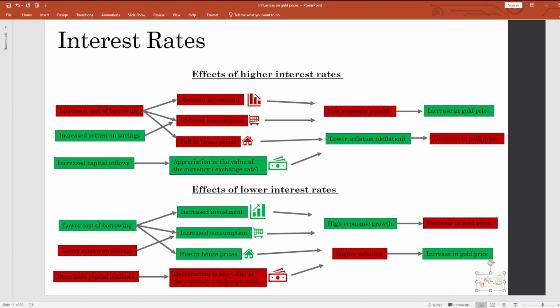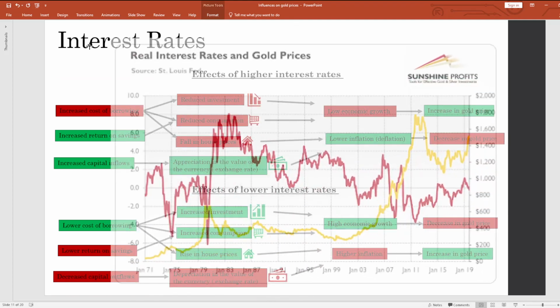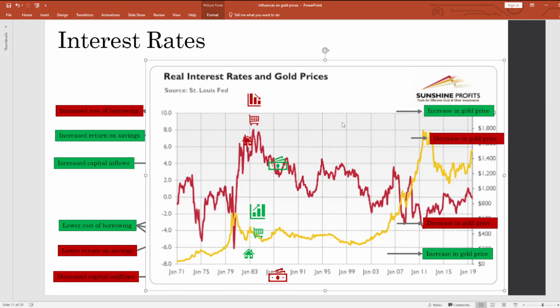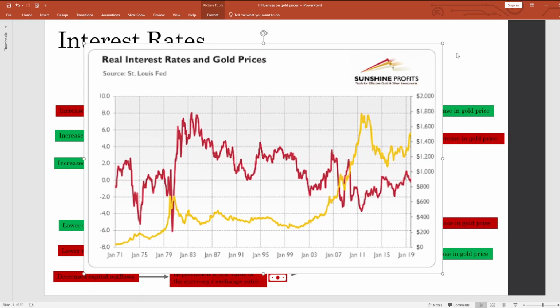So I've got a chart that I took from Sunshine Profits. Now it's important to remember here that I'm using real interest rate, not the normal interest rates which are quoted.